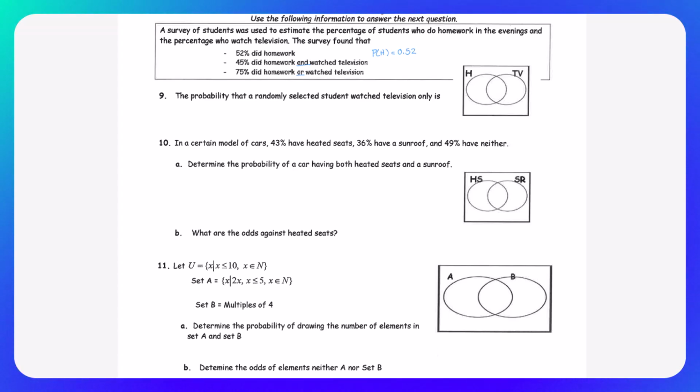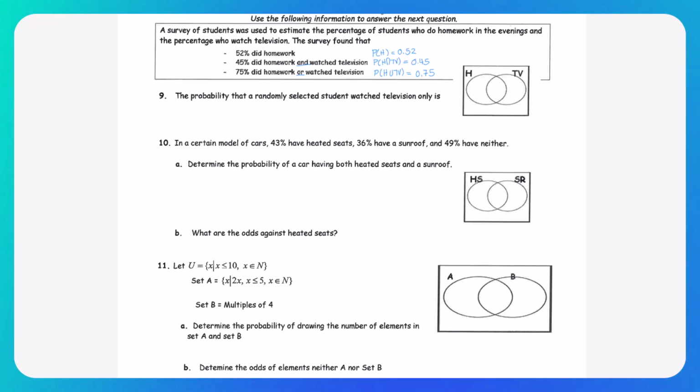The probability of homework and TV, well, that is the intersection. So we'll say homework and TV. Converting that to a decimal is 0.45. And the probability of homework or TV, we'll convert that to 0.75. So we have these probabilities here.